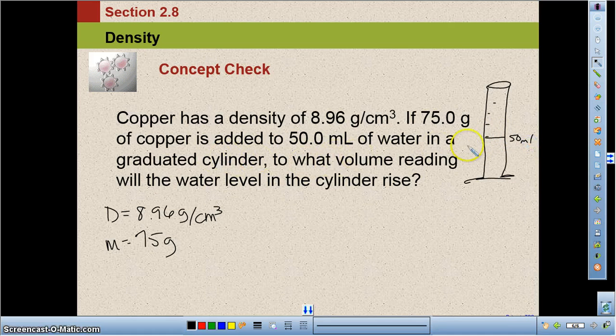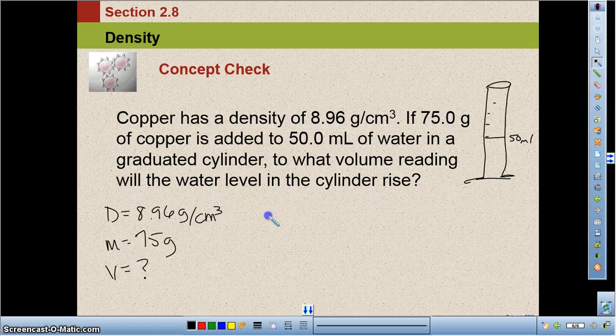And I want to know if I drop that copper into this water, what volume it's going to read after the copper is added to it. The only way to figure that out is to find out what volume the copper takes up. And we can do that mathematically because we're given density, we're given mass, and we can find volume.